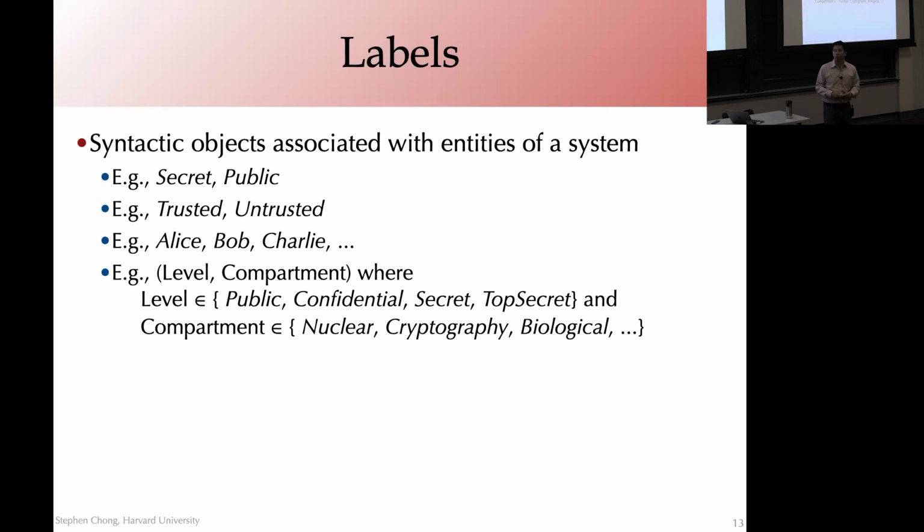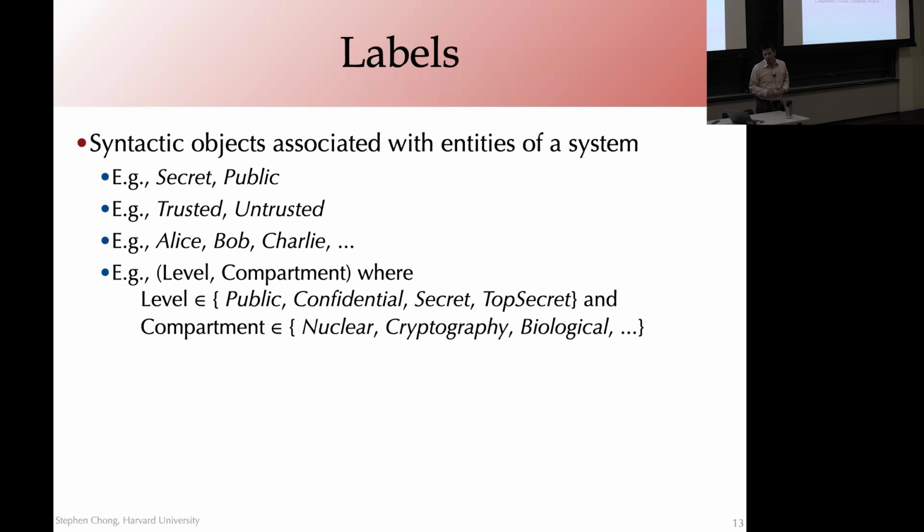Trusted, untrusted, we might want to use specific principals that are interacting with the system, say the web application users, Alice, Bob, Charlie, and so on. We talked about multi-level security, a military classification system where you have a level, public, confidential, secret, top secret, combined with a compartment, one or more compartments, nuclear, cryptography, biological, and so on.